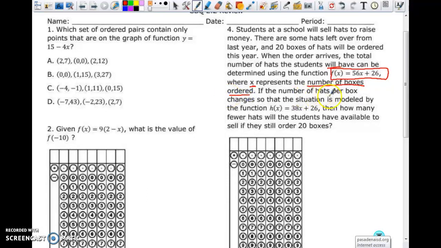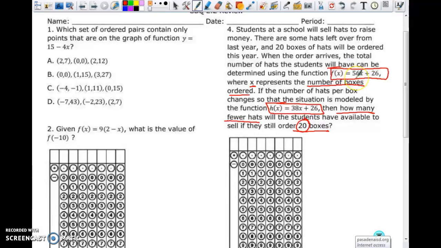Okay, if the number of hats per box changes so that the situation is modeled by the function h of x equals 38x plus 26, then how many fewer hats will the students have available if they still order the 20 boxes?